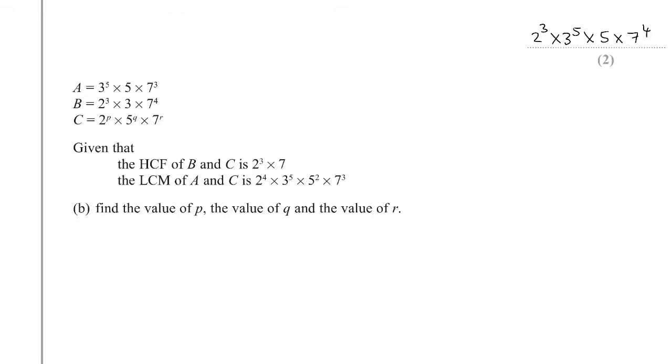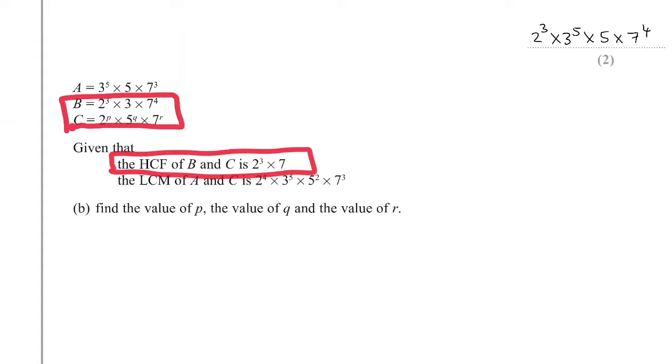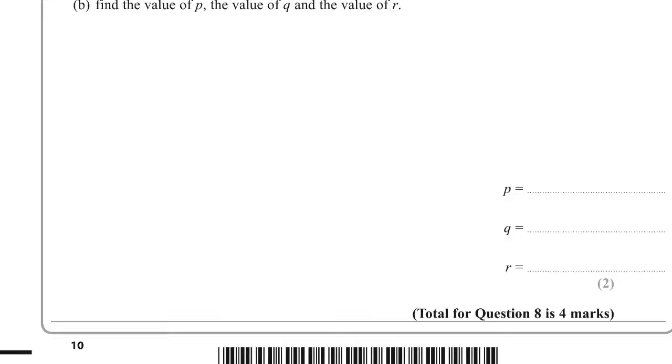We need to find the value of P, Q, and R. So if I just focus on the first piece of information, that the highest common factor of B and C is 2 to the 3 times 7, we said that for the highest common factor, we pick the common factors to their lowest power. So we certainly know that for a 7 to appear here, it means that R must be 1. So based on that, R is 1.